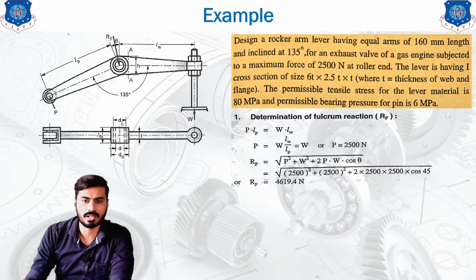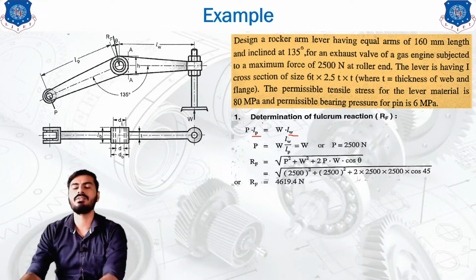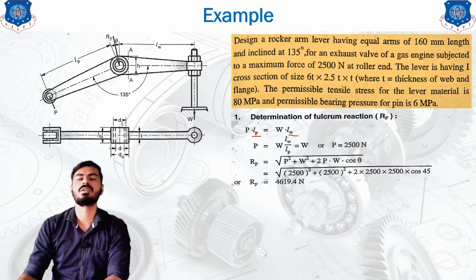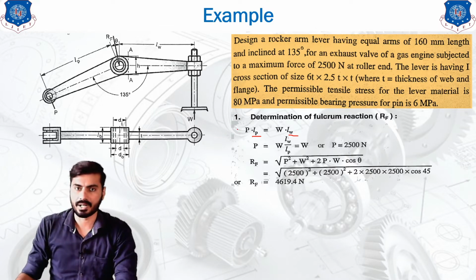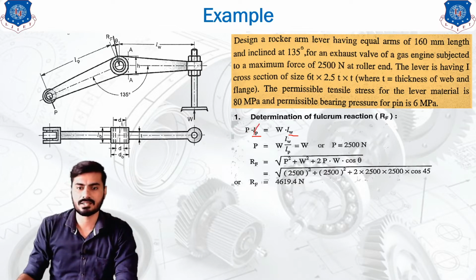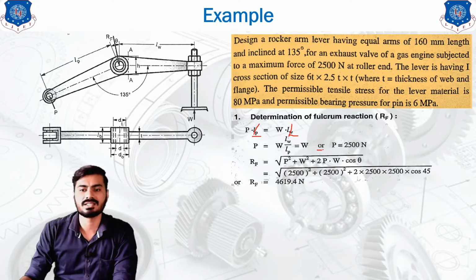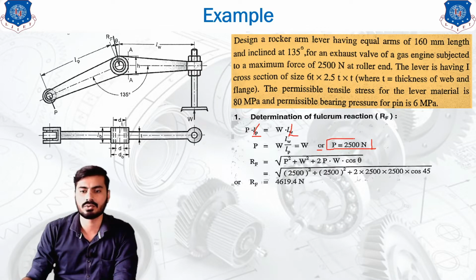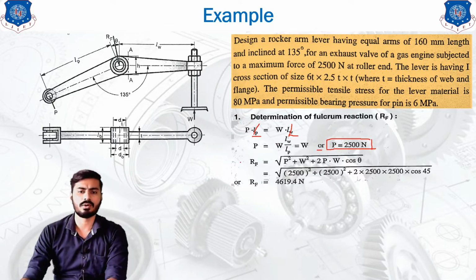Now we have the values of LP and LW, and both are the same. So whenever we apply the first equation, that is the equation of the principle of moment, these two will get cancelled out because of the equality. Then P and W will be the same, and the value of P will be 2500 Newton. That was very easy.